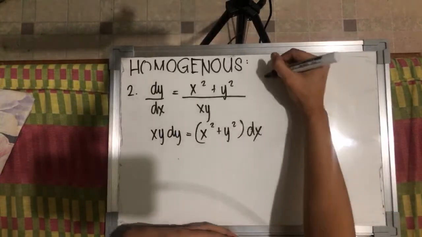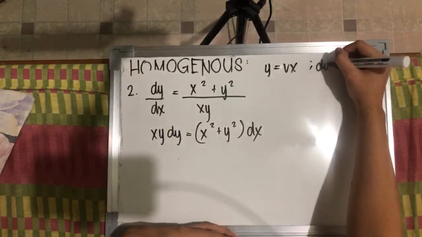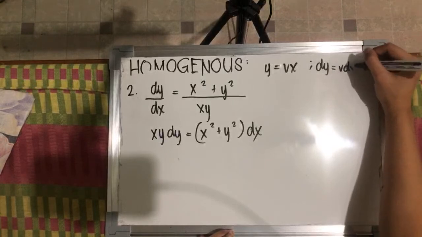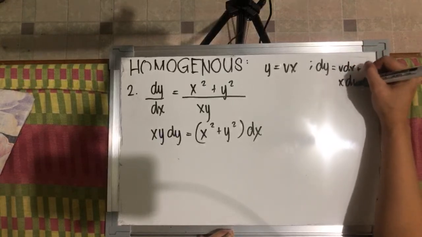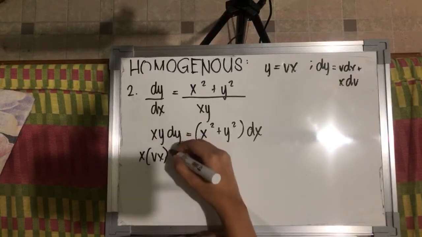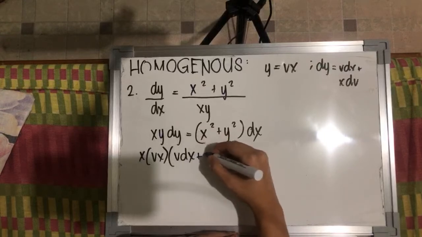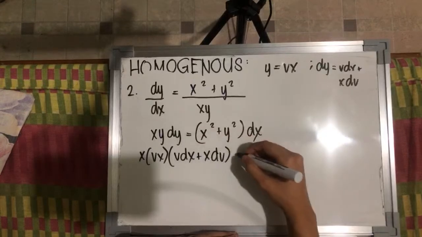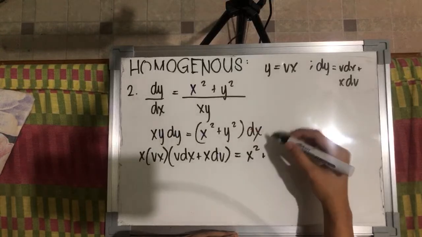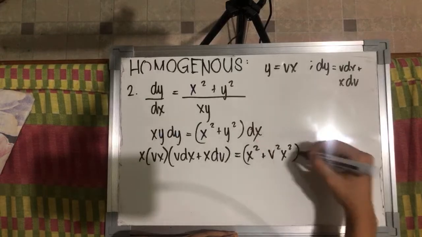Ngayon, substitute ko na yung y is equal to vx and dy is equal to v dx plus x dv. So, x times vx times v dx plus x dv is equal to x squared plus v squared x squared dx.